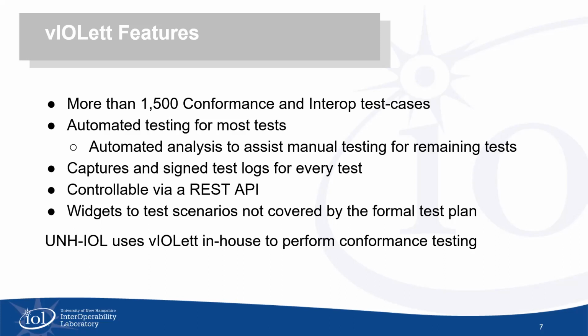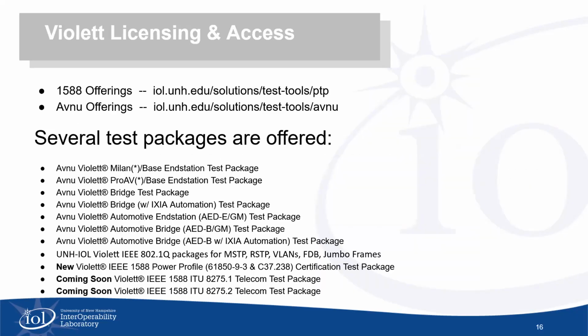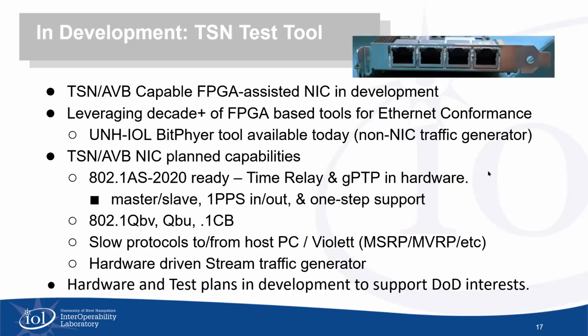Question: what does 802.1AS-2020 ready mean? The intention of my comment is to act as a time relay where necessary, which is more for future 1588 capability of HSR and PRP.